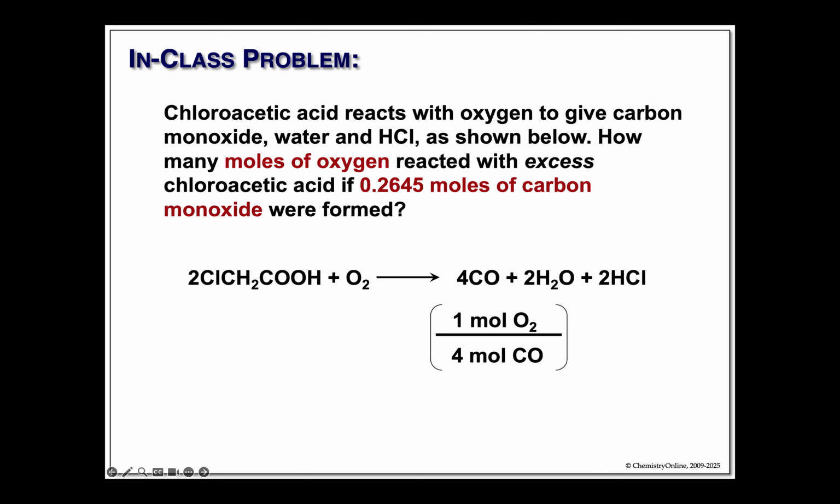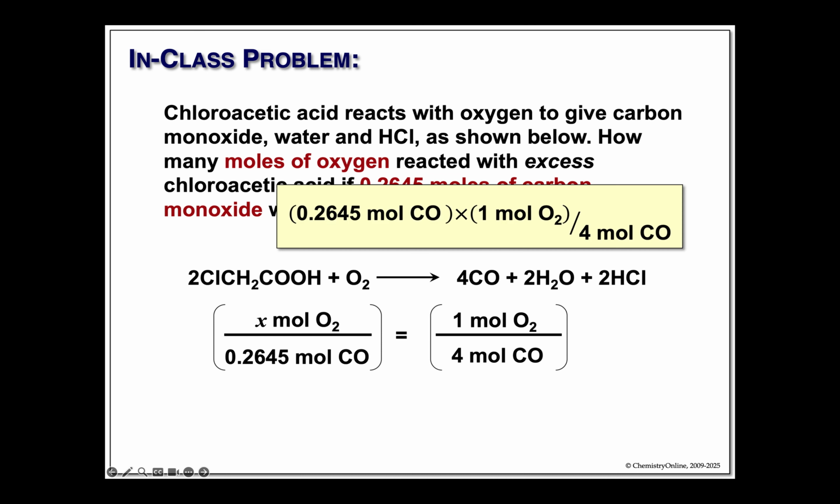Okay, that's the known ratio, no problem. Unknown ratio of moles of oxygen is our unknown. This is our given. That's the unknown ratio. Simply cross multiply. 0.2645 times 1 divided by 4. Moles of CO cancel. And we're left with this.